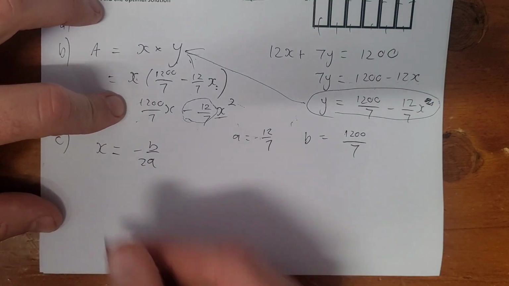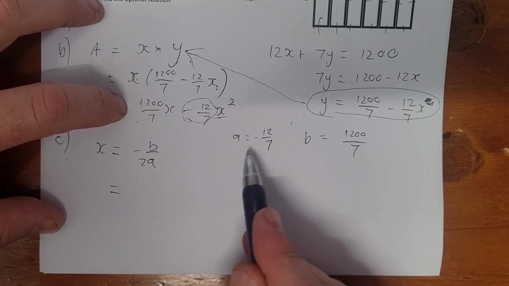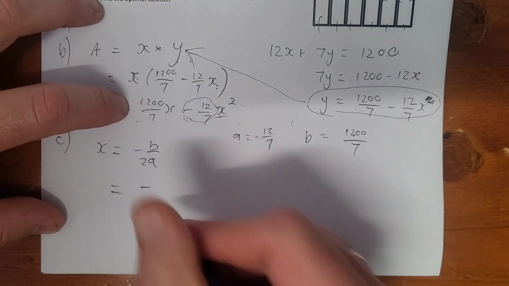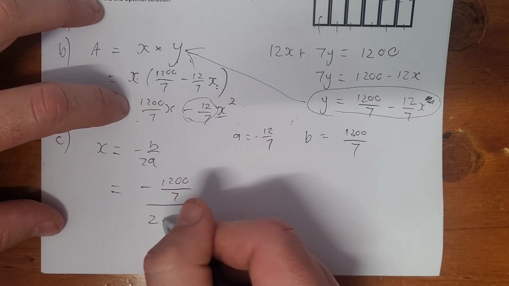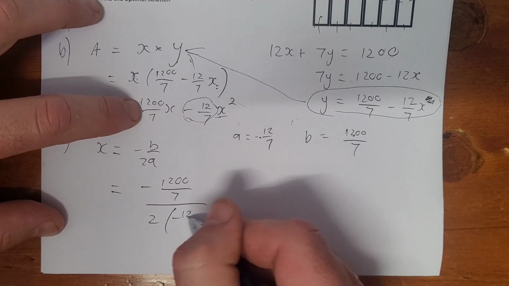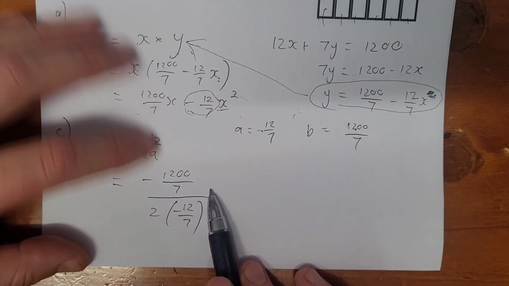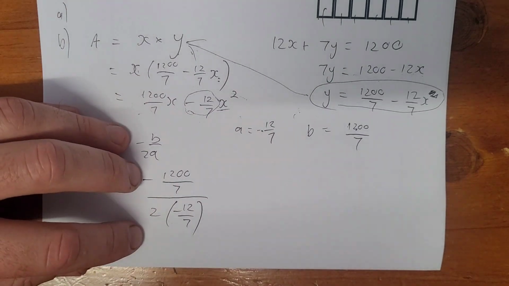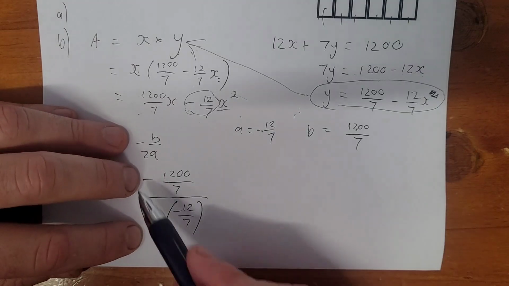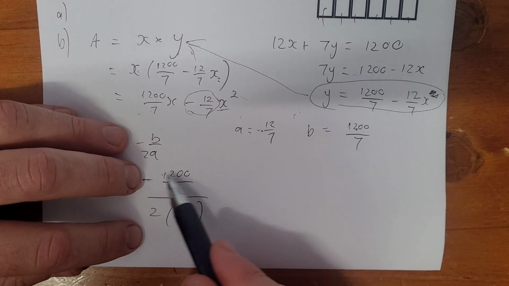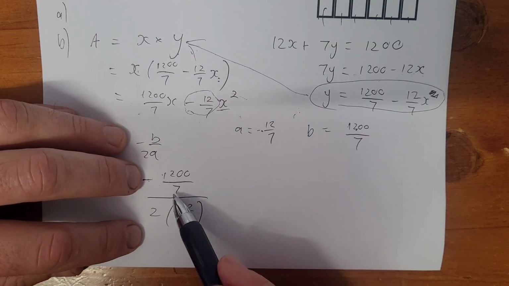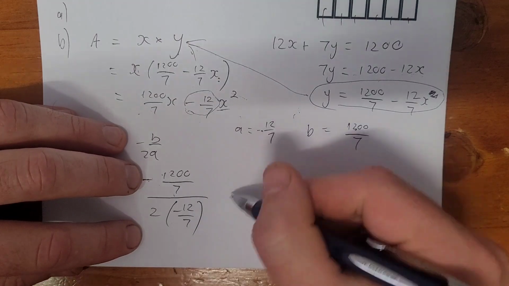Okay, so what we would be doing then is minus b on top of 2 times our a value, minus 12 on 7. That's what we're evaluating. Now, we're just going to assign the negative to one number. It doesn't matter which one it belongs to, but it doesn't belong to both of them. It's either going to go to the top or the bottom.